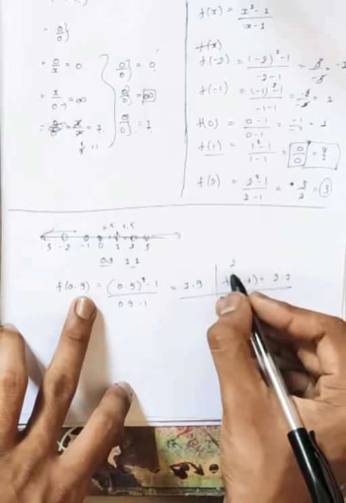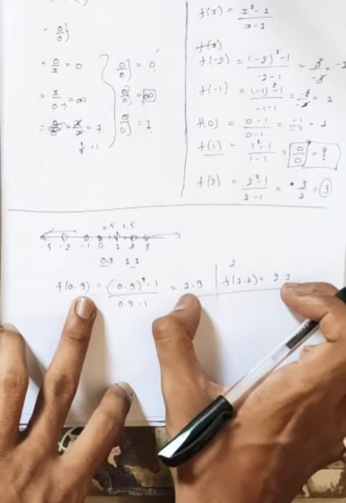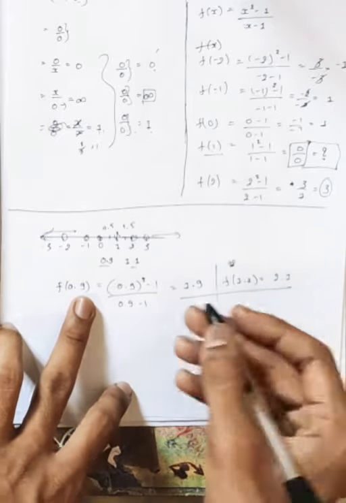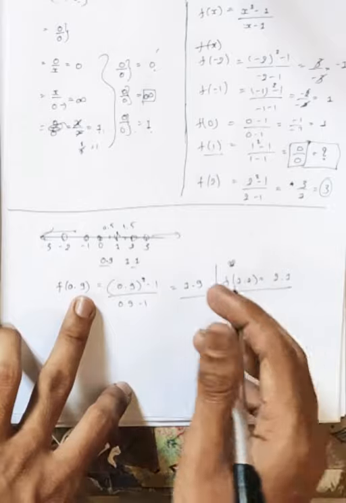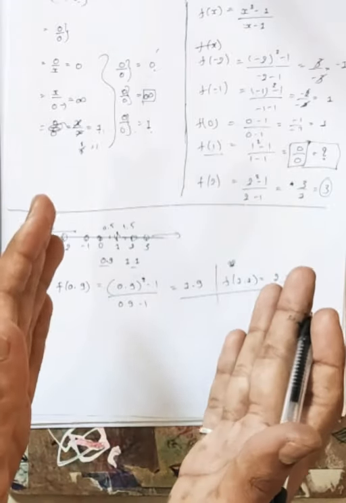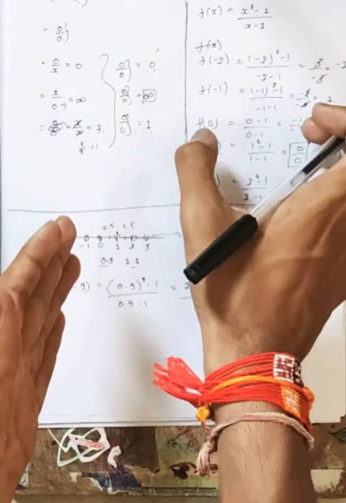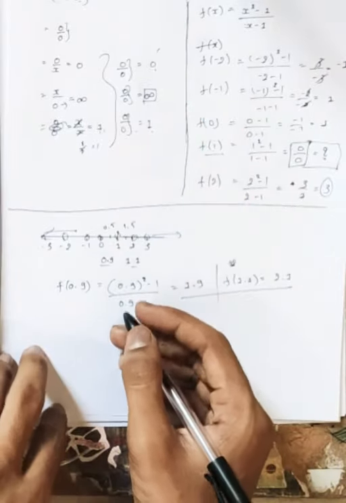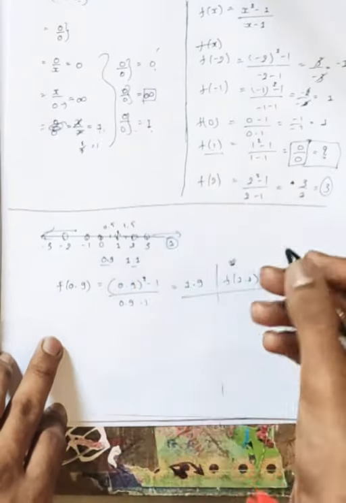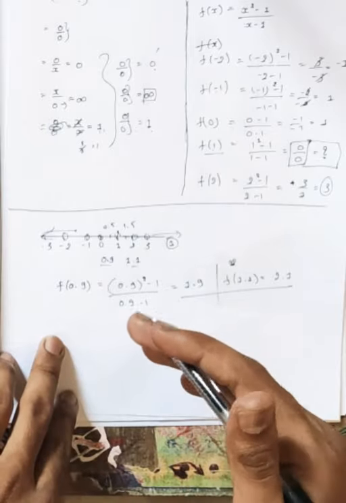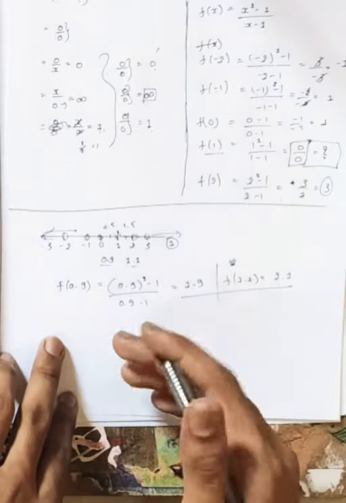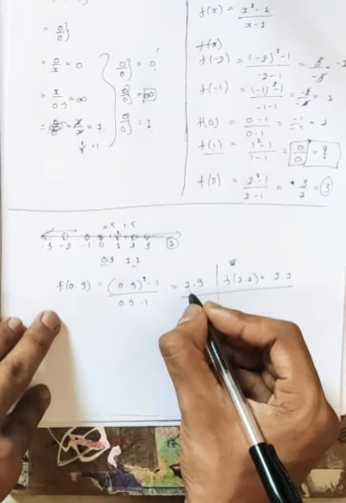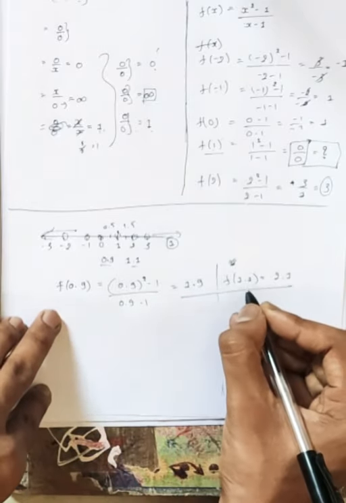Why? Because it is between these 2 points, right? Okay, this is an approximate estimation, but if we further check the answer of this function for more nearby values to 1, then we will get a closer approximation, more actual values. See, we have checked for 0.9, we checked for 1.1.